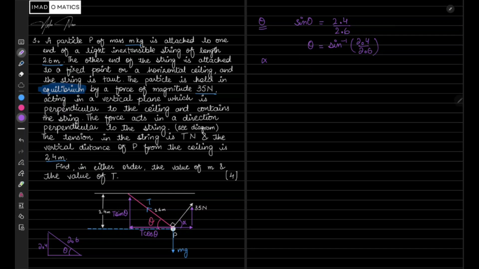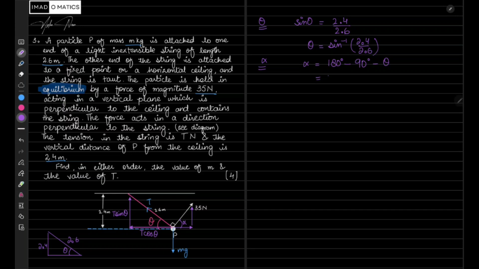So alpha would be equals to 180 degrees minus 90 minus theta.